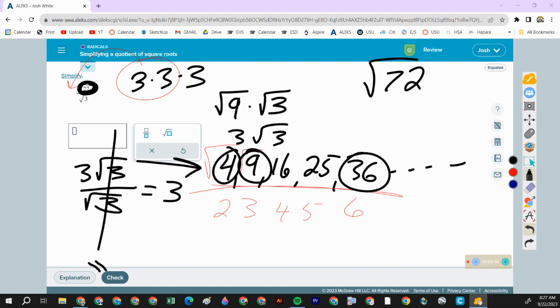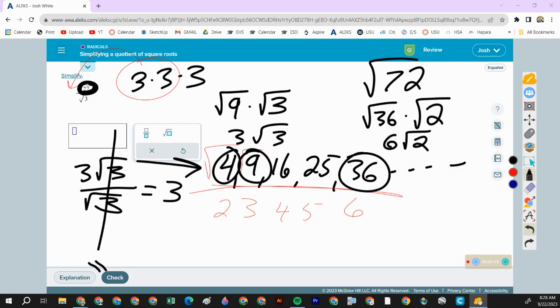So the square root of 72 is just the square root of 36 times the square root of what would be left? What times 36 is 72? 36 times 2. Right? Well, what is the square root of 36?